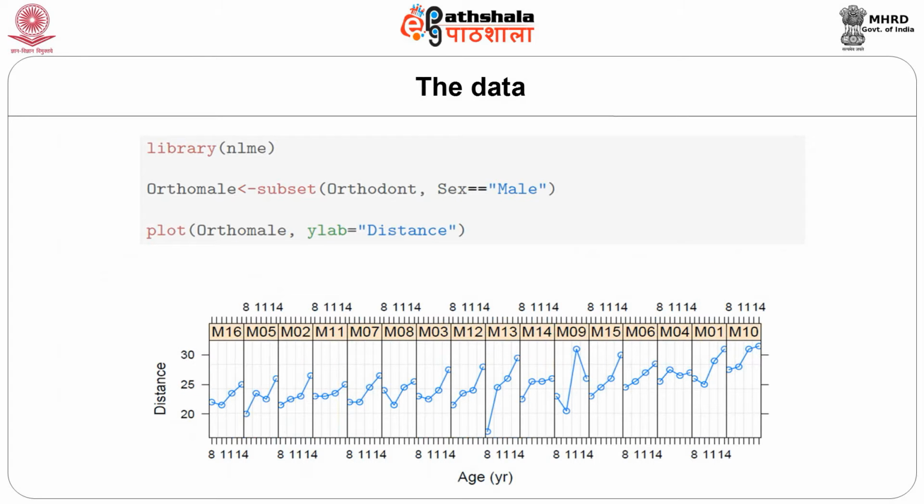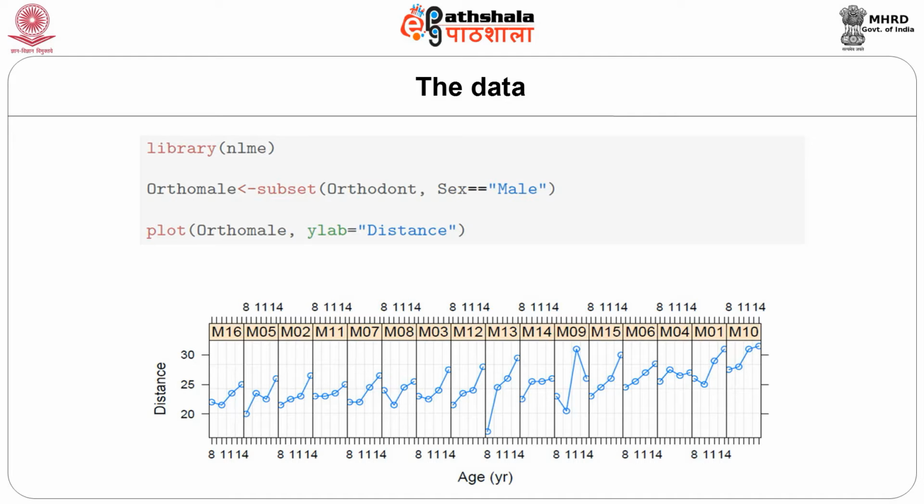To load in the data, we should first call library(nlme), which loads the library in R, and then we would use the subset command, which is subset(Orthodont, ...), where Orthodont is the data, and we want to make a subset based on Sex, which is specified as Male.